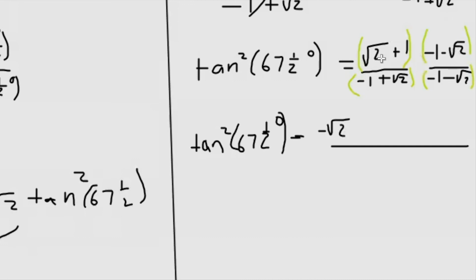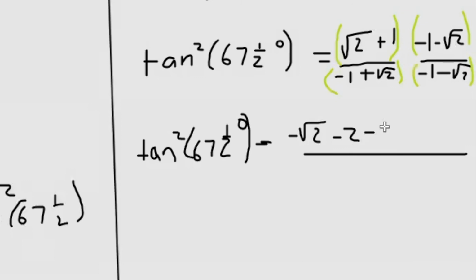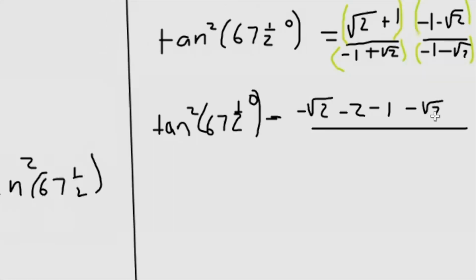Then root 2 times root 2 will be 2, and the sign will change it to minus 2. Then 1 times minus 1, that's minus 1. And then 1 times minus root 2, that's minus root 2. Now in the denominator, we're going to have negative 1 times negative 1, that's positive 1.